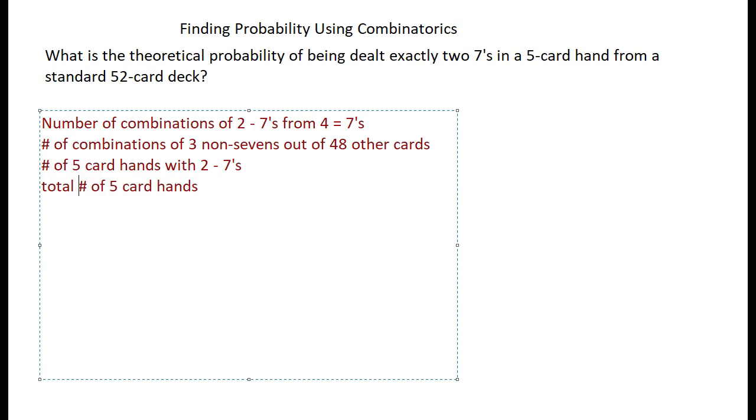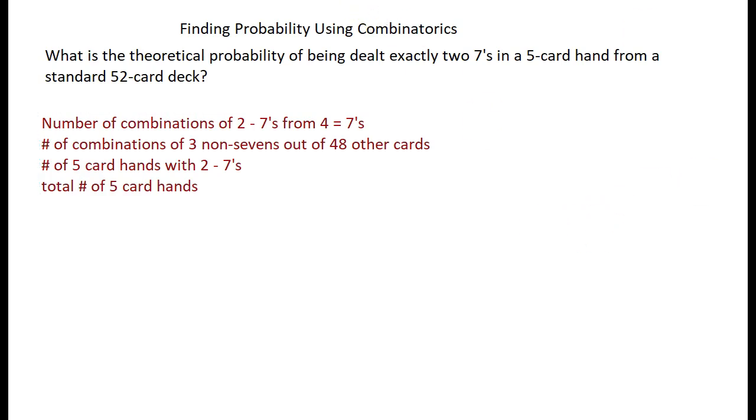Okay. Now, I'm going to get my pen, and we're going to calculate each of these items. We are going to be using our calculators. So the number of combinations of 2 7s from 4 7s. There's 4 7s in a deck.